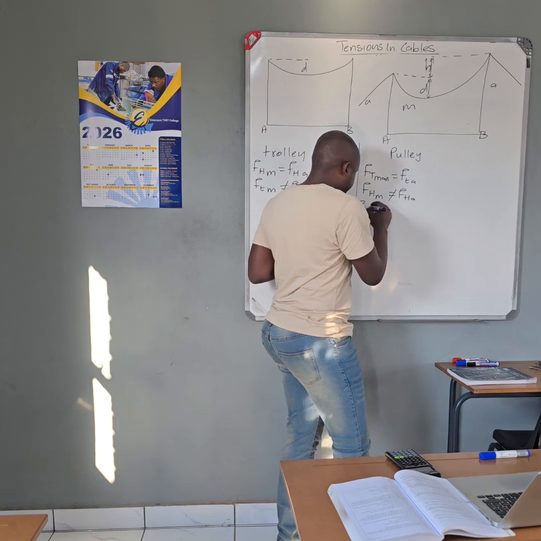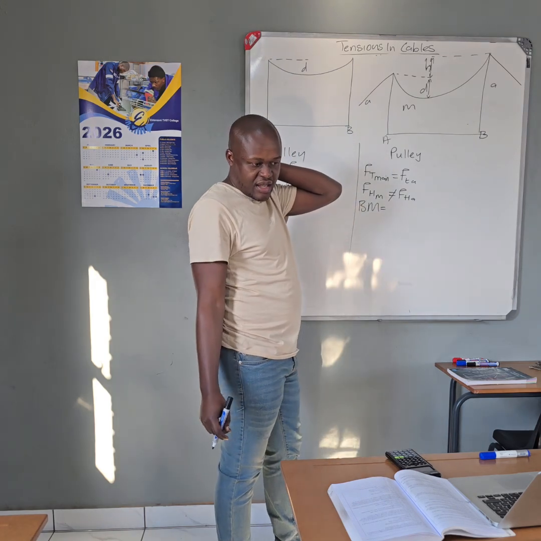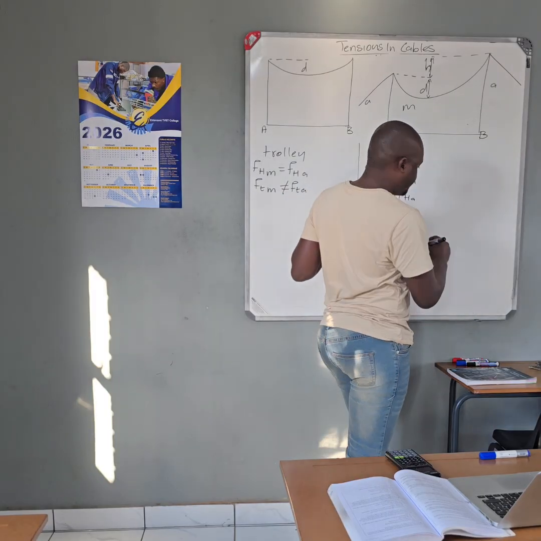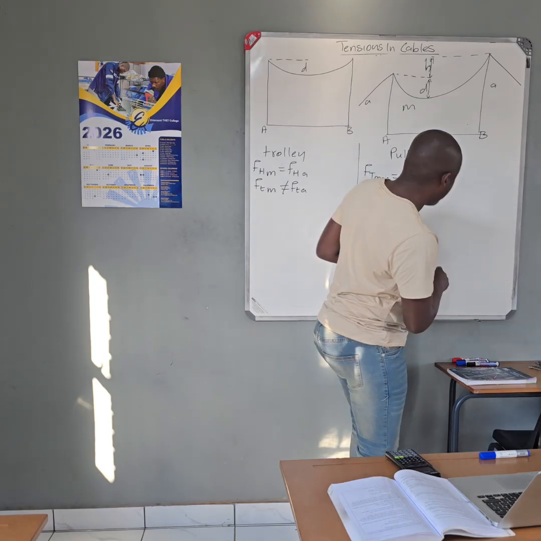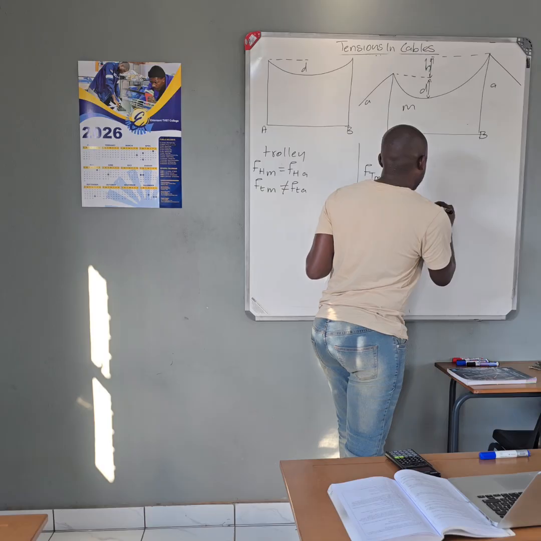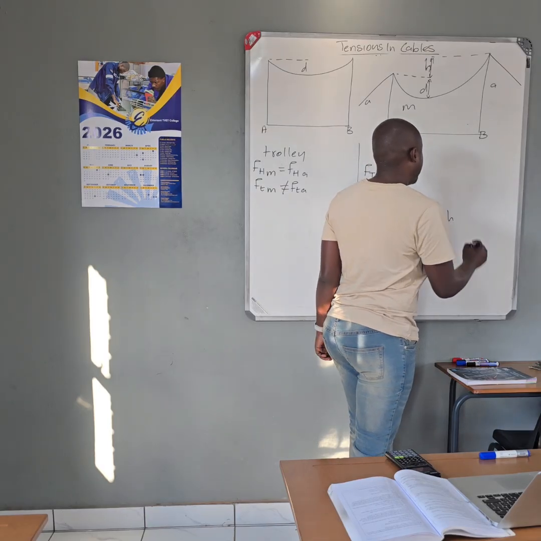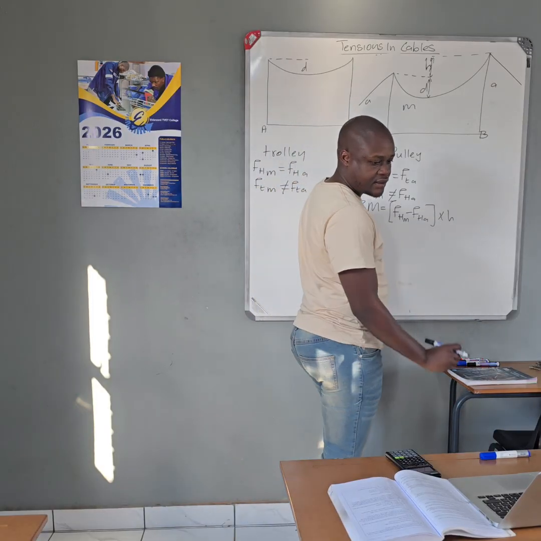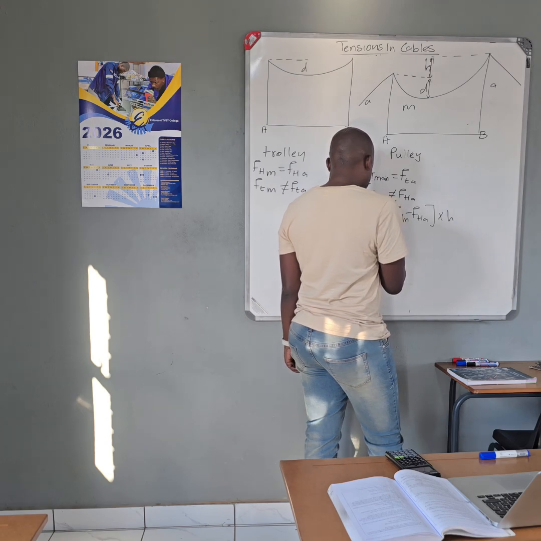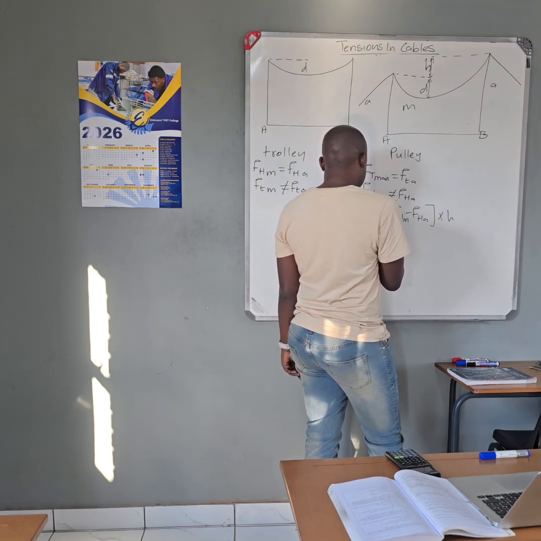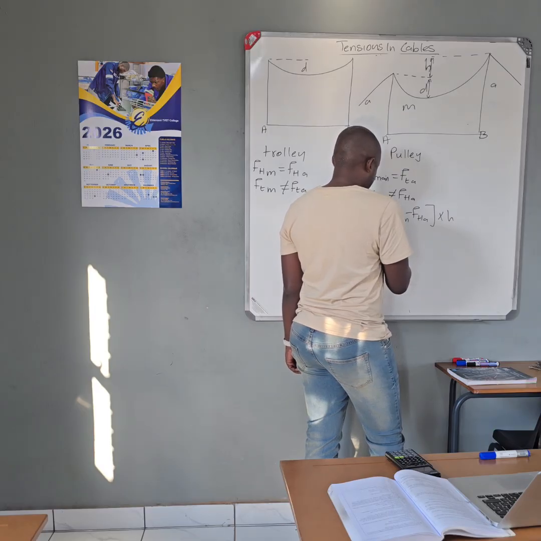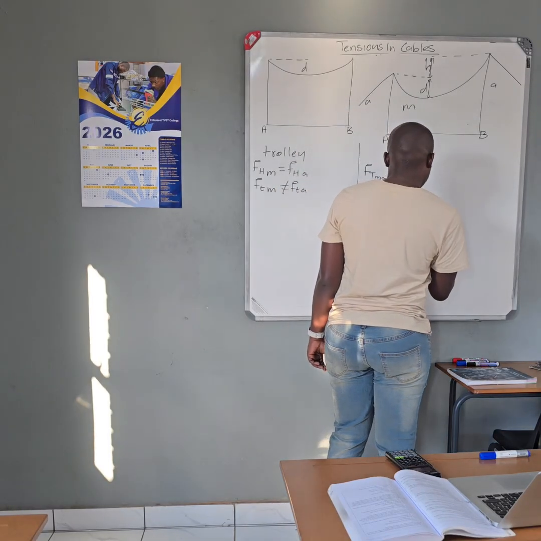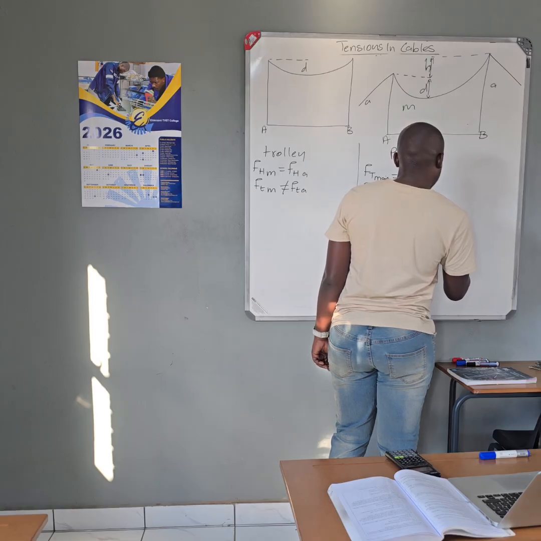So the bending moment on a pulley is going to be equal to FH of your main cable minus FH of your anchor cable, multiplied by H. Then the vertical thrust is going to be equal to FV of your main cable plus the FV of the anchor cable.